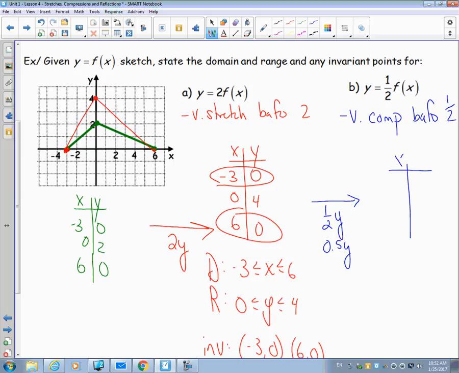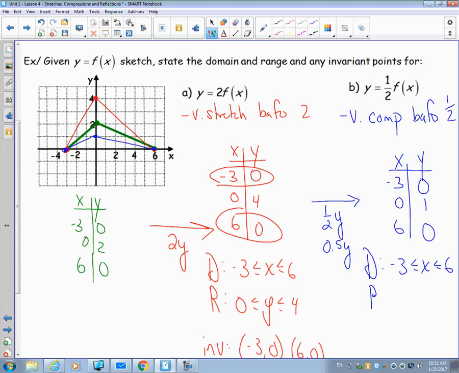What's going to change? Well, not the x's. They're the same still. But the y's, remember we're working with the green table, are going to be half of what they used to be. So if I draw that, negative 3, 0, 0, 1, 6, 0, I get something that's been vertically compressed. Our domain hasn't changed.